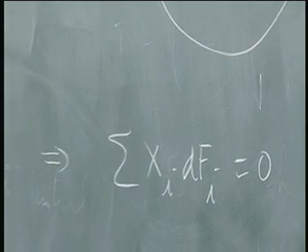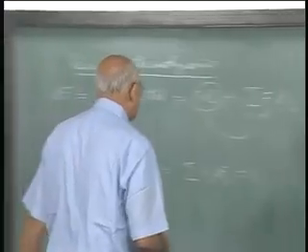So the fluxes times the increments in the generalized forces must be equal to 0. That is the generalized Gibbs-Duhem relation.